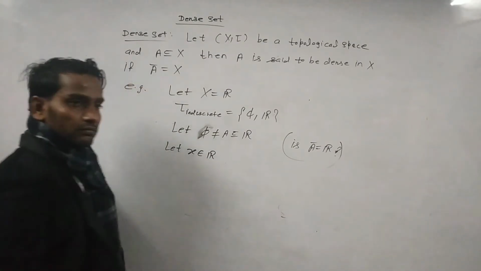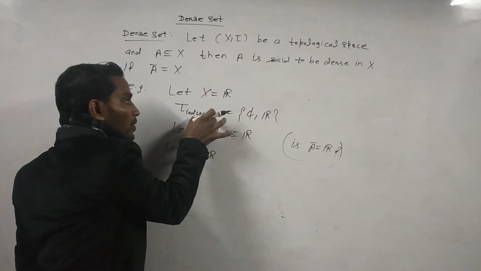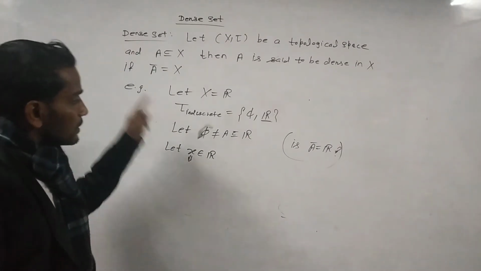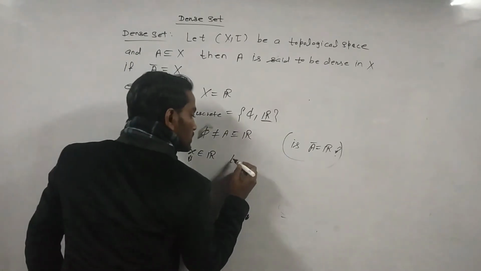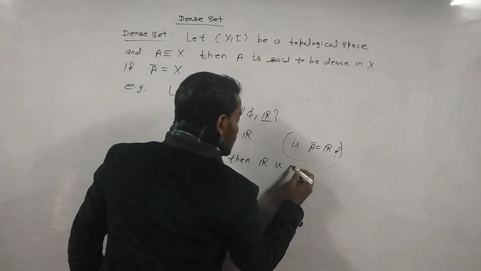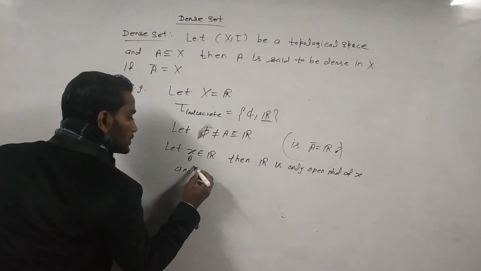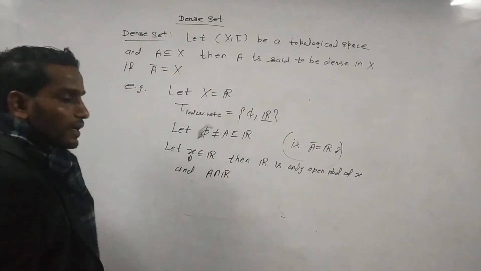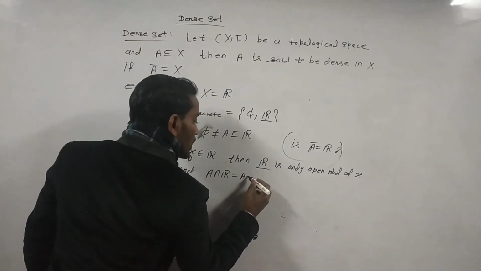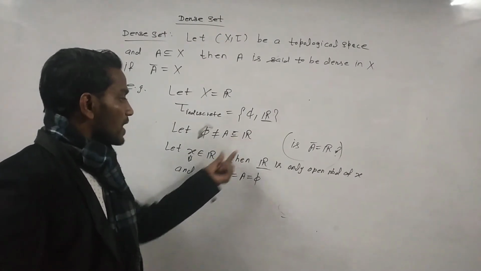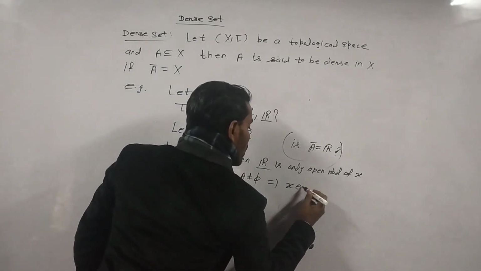Then let X belong to R. Simply take any element from R, then the only neighborhood of X in this topology is R. If we take any element of R, then the only open neighborhood of X is R. We take the intersection of this neighborhood R with set A. A intersection R will be equal to A, and A is non-empty, as A is a subset of R. This implies X belongs to A closure.